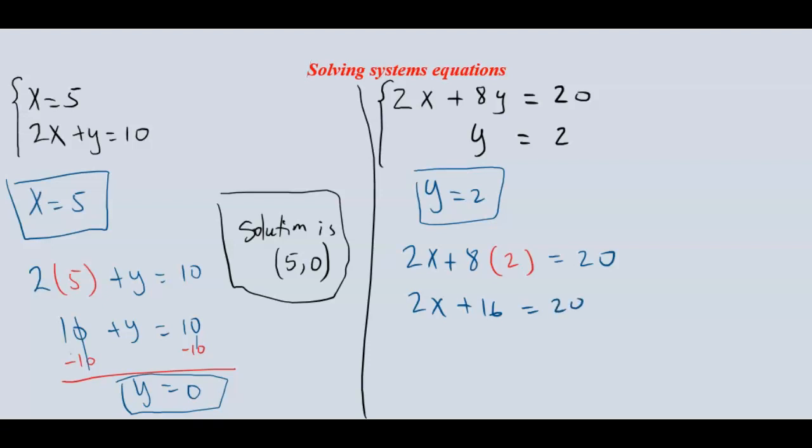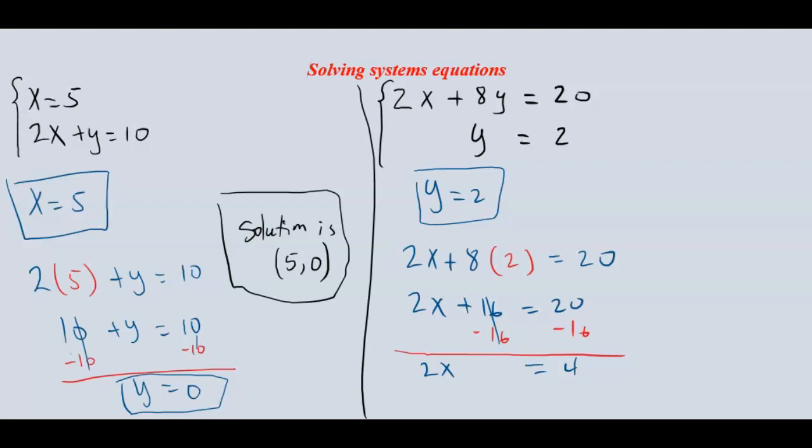Now we subtract 16 on both sides. Then you have 2x equal 4, since 16 minus 16 is 0. So you got 2x equal 4.